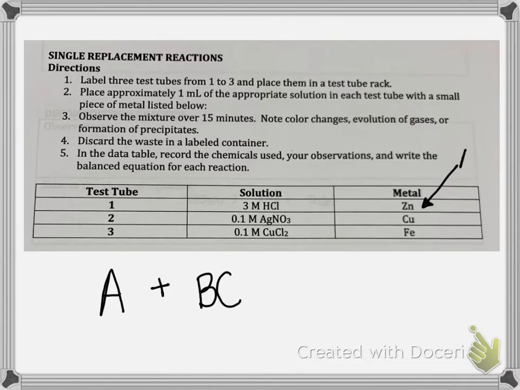These would be like the A's. And then here, these are all my BCs. These have two things in them. And so what we're going to observe is when one of the things that are together come off, and then A goes with C. So let's take a look at these.